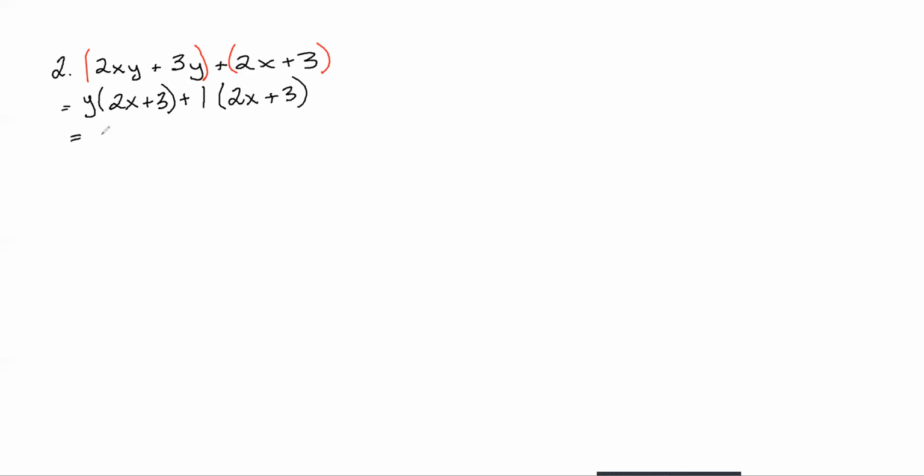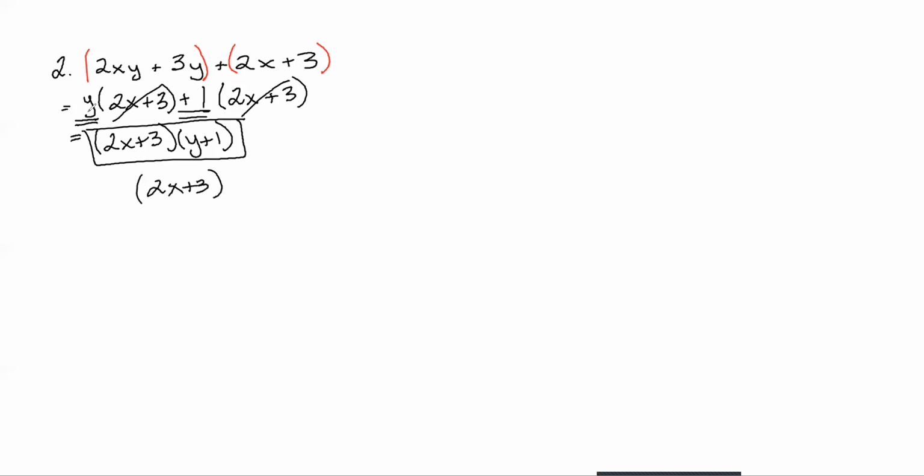And so now if we go ahead and factor out this 2x plus 3 from both, that's gone. We're left with a y plus 1. So this is where one of those really common mistakes happens. If you forget to put this 1 here, you'll just have 2x plus 3 times y, because you won't have anything here.